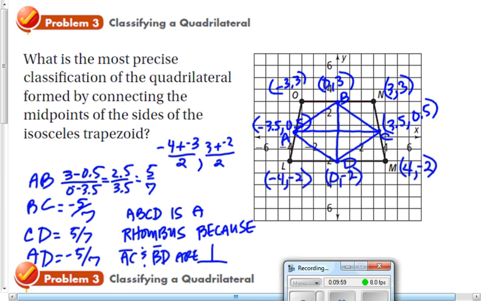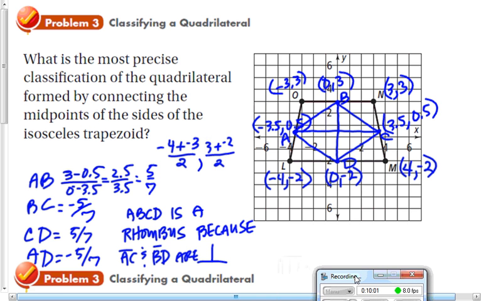Now we could have a little more. We could actually have a square, and what we would need for this to be a square is for our diagonals to be congruent, because then we'd have a rhombus that's also a rectangle, and a rhombus that's a rectangle is a square. On a coordinate plane, you can get the distance just by subtracting the y-coordinates. So the length of BD is equal to 3 minus negative 2, which is 5.